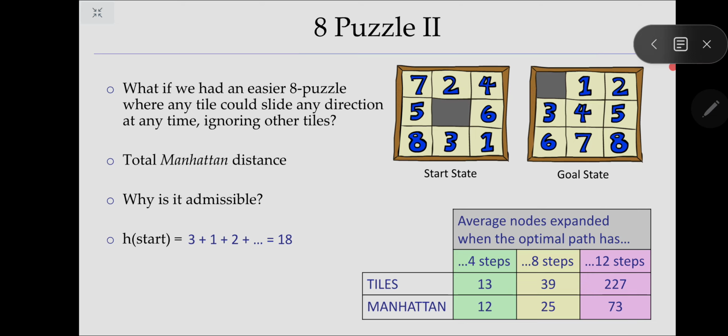In the next lecture, we focus on some mathematical models for relaxed problems, and also we extend our searching space from tree search to graph search.